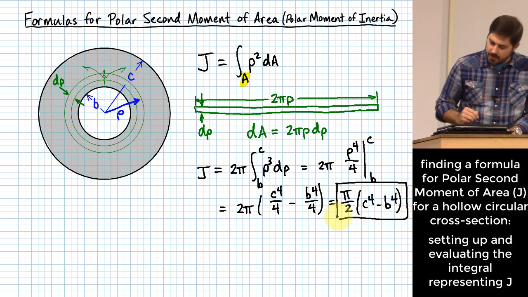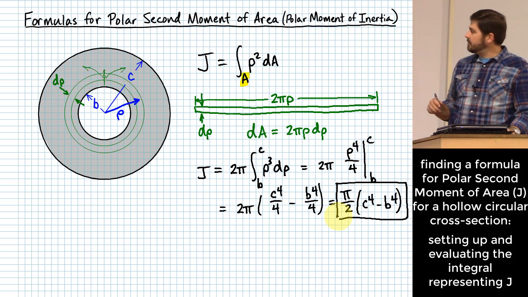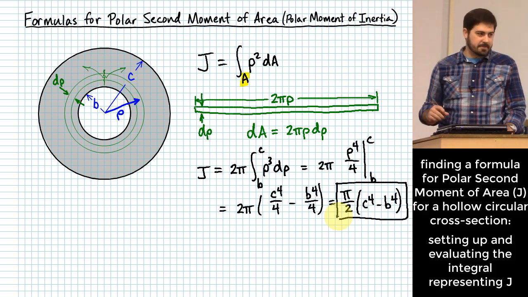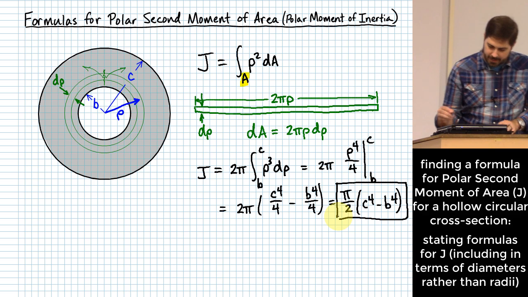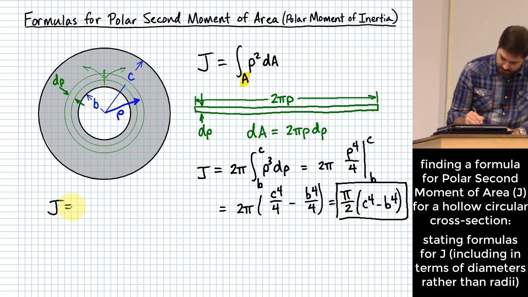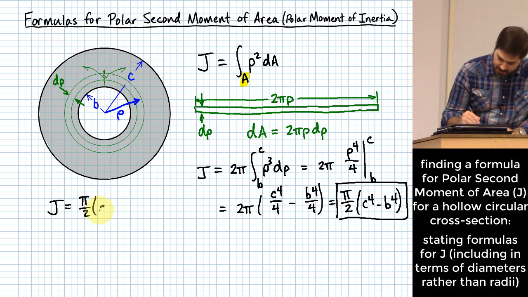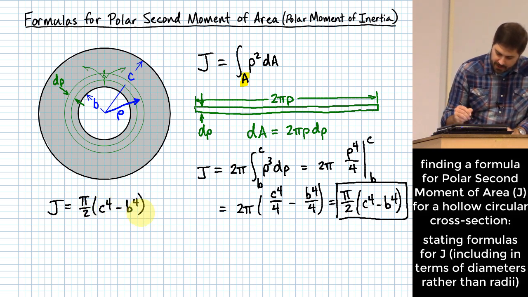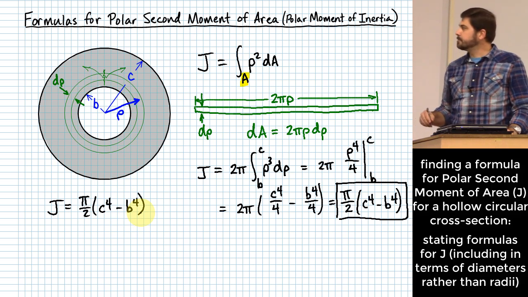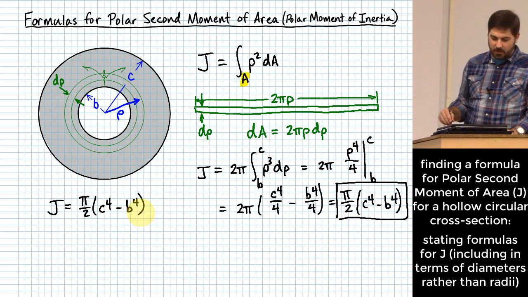Okay? And that is actually a formula that you should probably memorize. J is equal to pi over 2 times C to the 4th, where C is the outer radius, minus B to the 4th, where B is the inner radius. Okay?